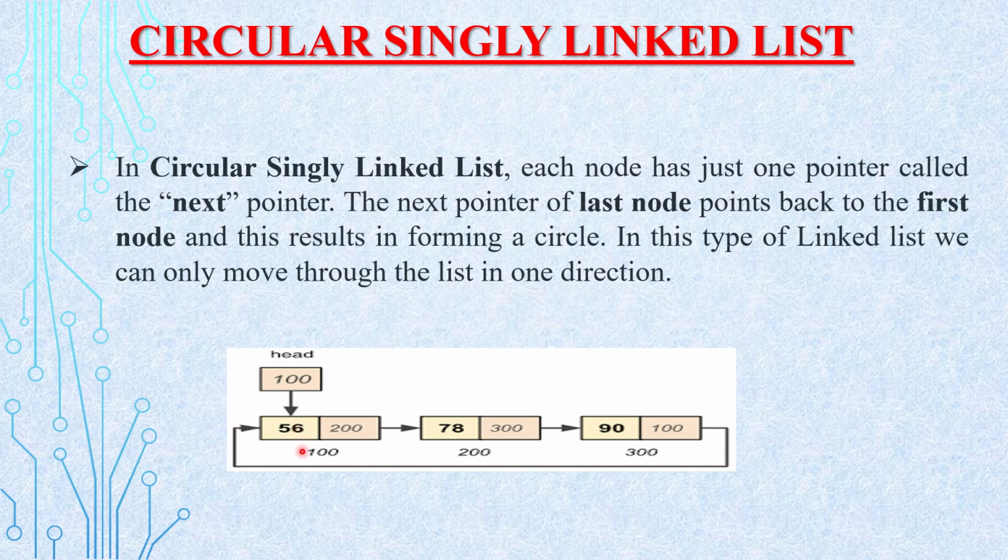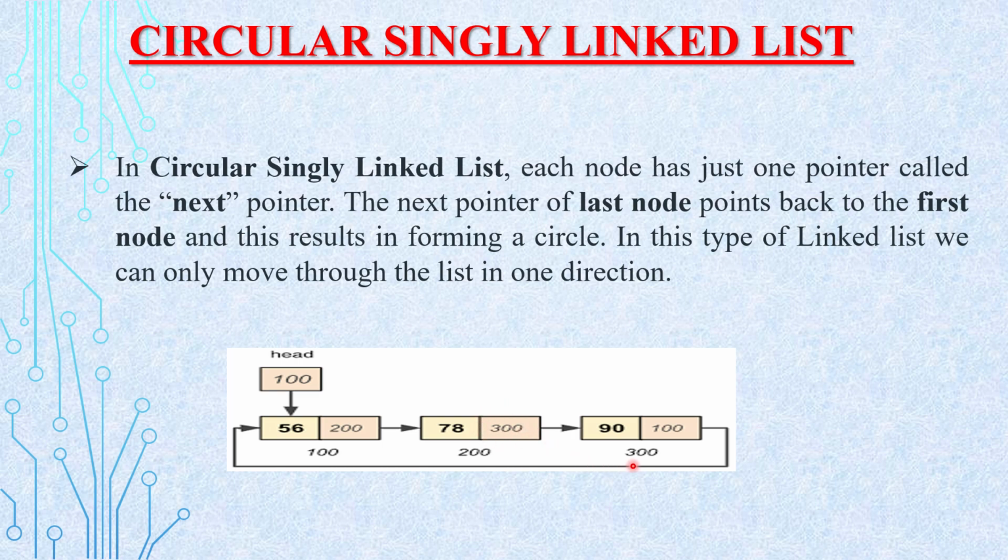You can see here the head part contains 100. It means the address of the first node is 100, and the next part of this node contains 200. It means the address of the second node is 200, and the next part of this node contains 300.